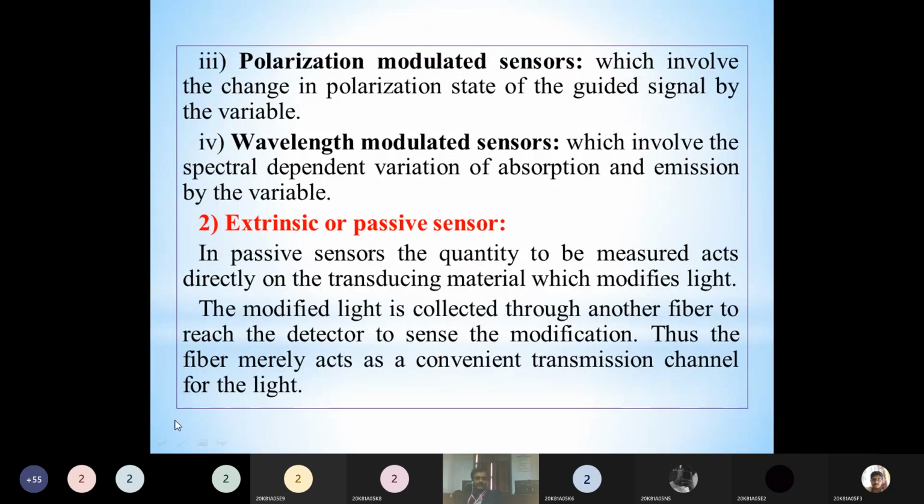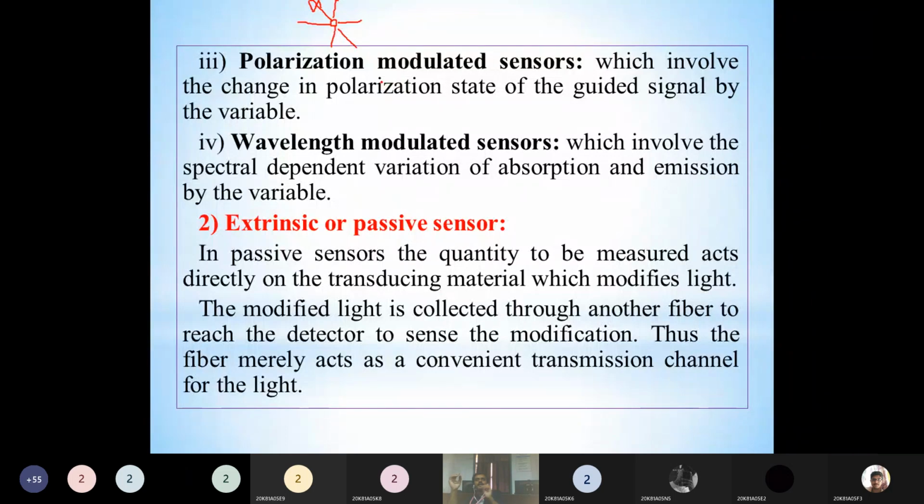First of all, I will explain what polarization is. Generally, if you take a light source, it vibrates in all directions: horizontal direction, vertical direction, and like this direction also. So light vibrates in all directions, but some materials allow that vibration in only a particular direction.